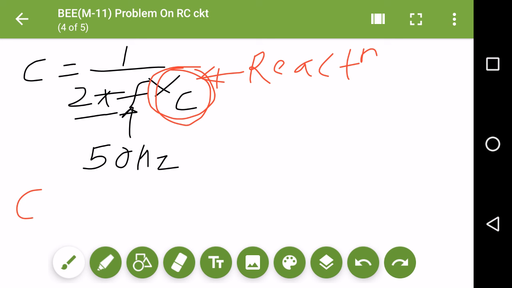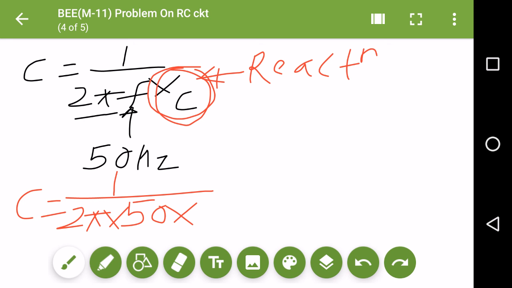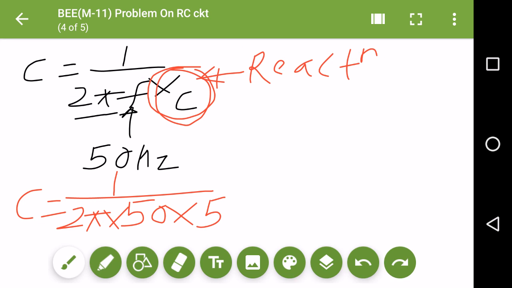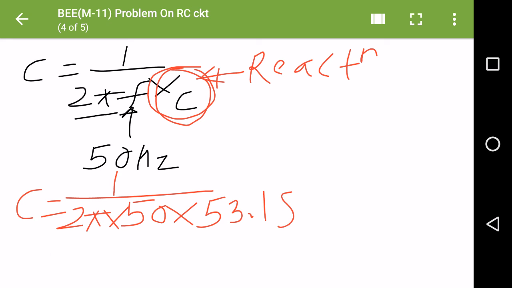The capacitance C equals 1 upon 2 pi into the frequency value 50, into the Xc value which I just calculated, that is 53.18.